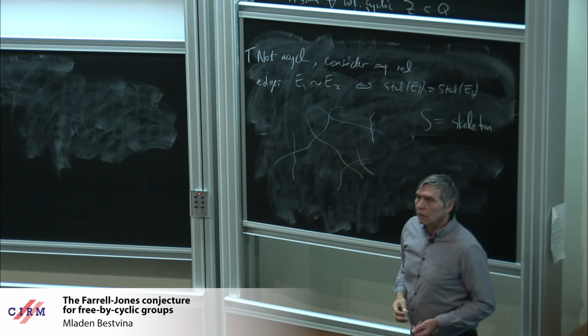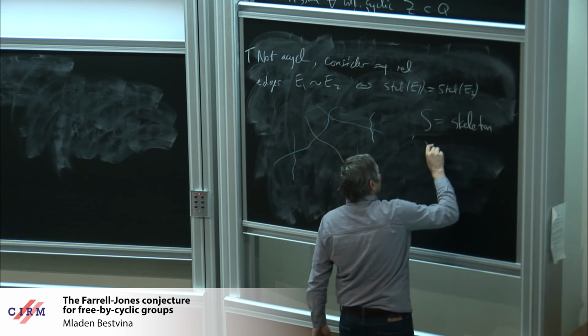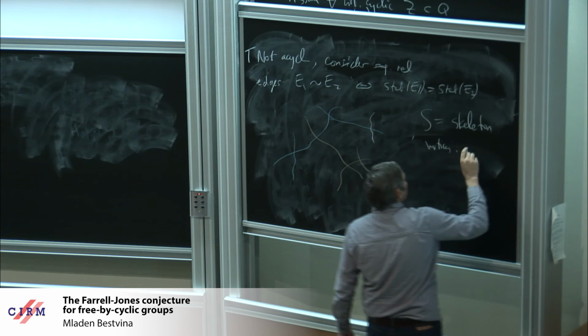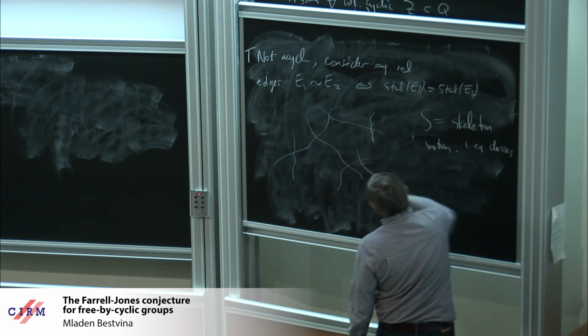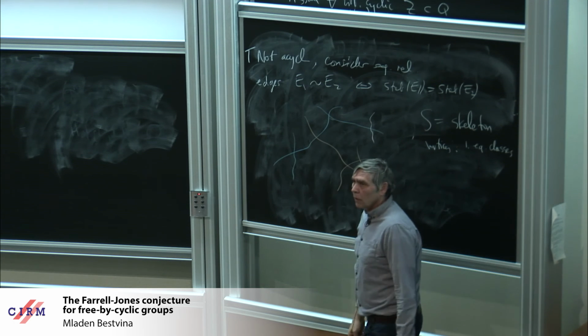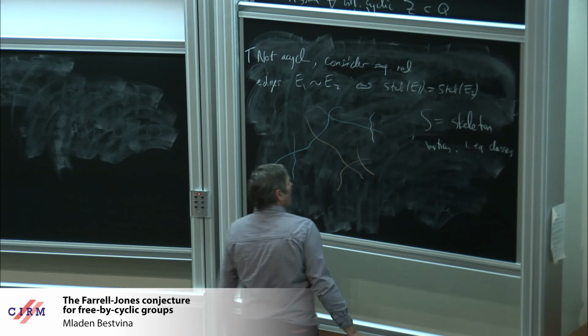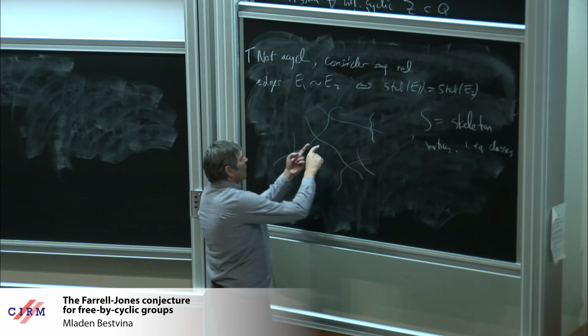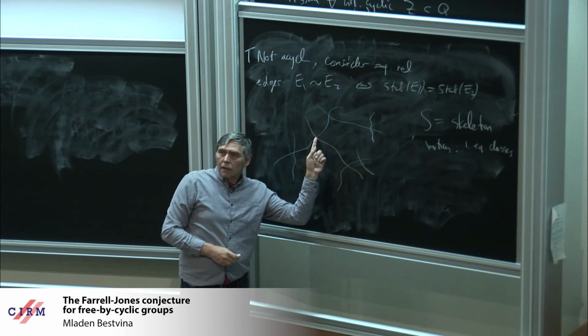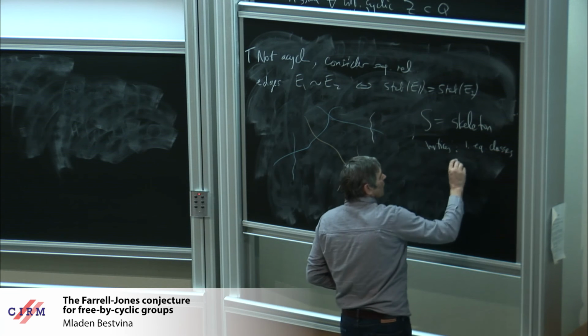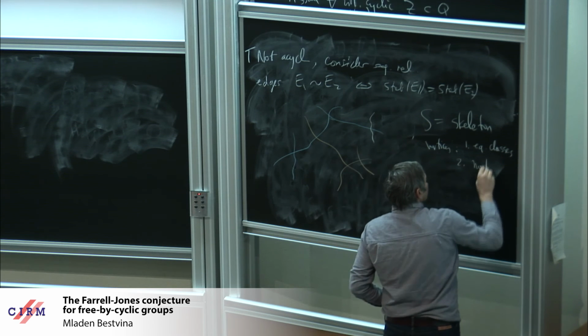It's bipartite, and there are two kinds of vertices. There are equivalence classes themselves, so there's an orange vertex, there's a blue vertex, and so on. And then there are also vertices that come from non-trivial intersections between the equivalence classes.